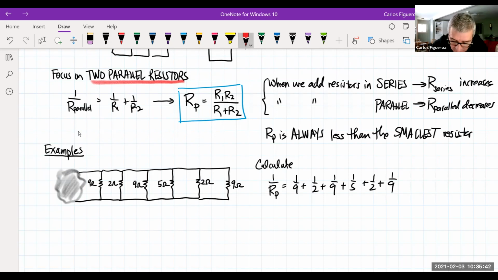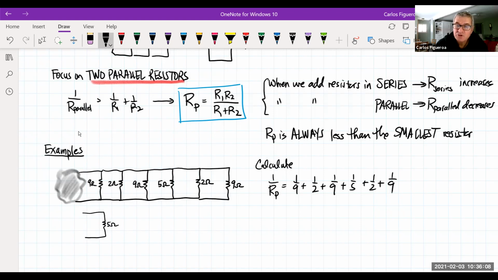So check this out. What you could have done right away in this circuit is manipulate these guys right from the get-go. For starters, I'm going to move my 5 ohm right here.